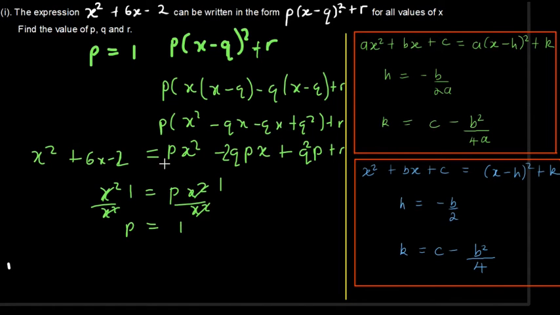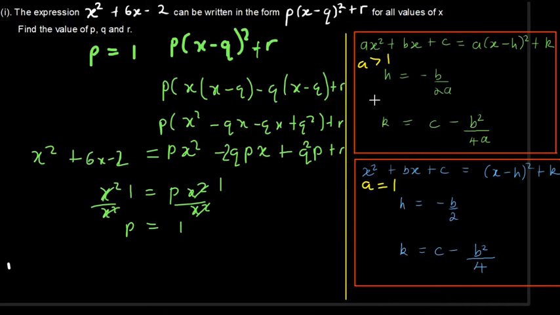Let's use these formulas. To find the values, of course, we have already got p. I wanted to prove my point of why p is 1, and now we need to find the value of q and r. Basing on these formulas, one thing to note is this is when a is greater than 1, and this is when a is 1.